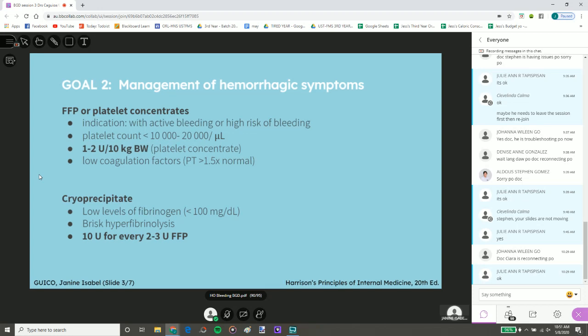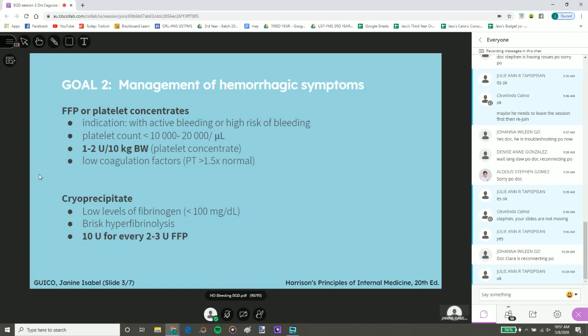Next, for the management of the hemorrhagic symptoms, fresh frozen plasma or platelet concentrates can be given to a patient who is actively bleeding or has a high risk of bleeding. High risk of bleeding are patients preparing for invasive procedures or those who have received chemotherapy.